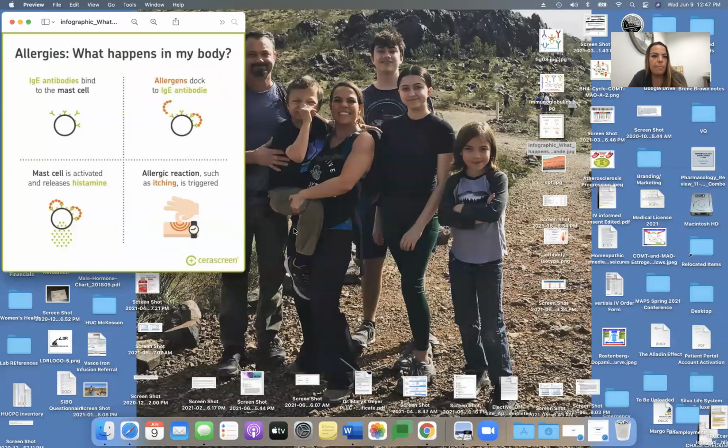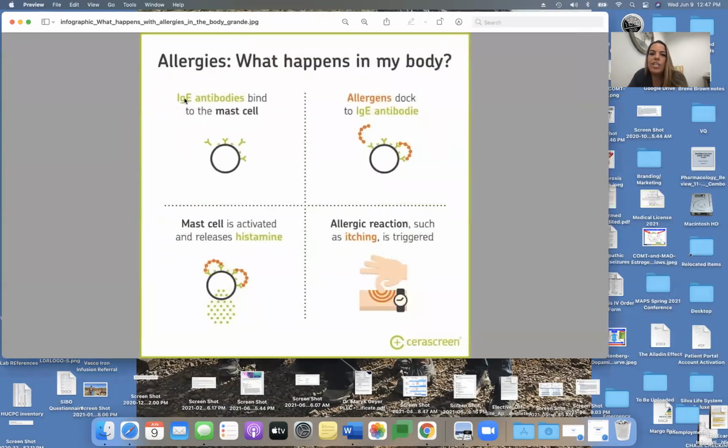So what does that mean? Here you can see with allergies, on your body, your IgE is actually going to bind to a mast cell. The allergens dock to it. An allergen is, let's say, your dog allergy or your peanut allergy. That allergen is going to dock to that IgE, and then the mast cell will be activated, and then it'll release histamine.